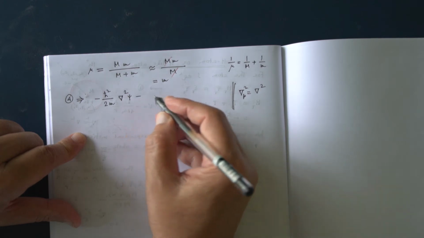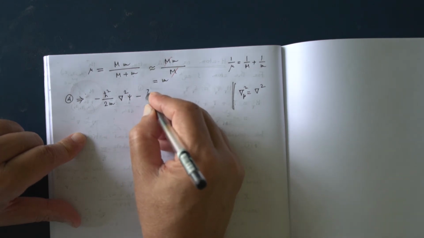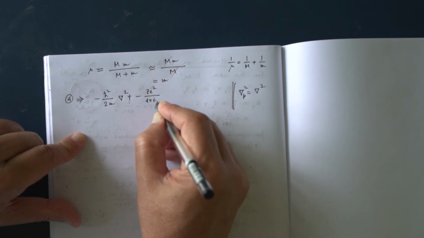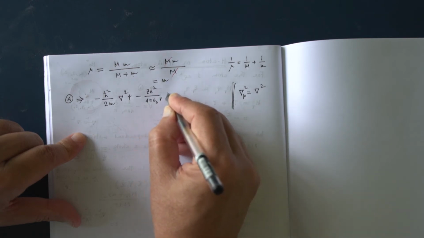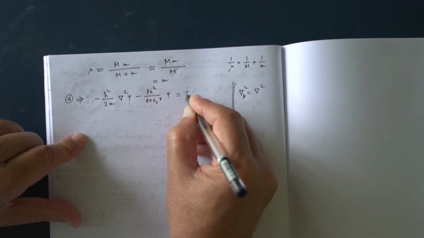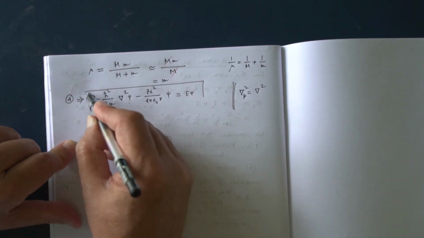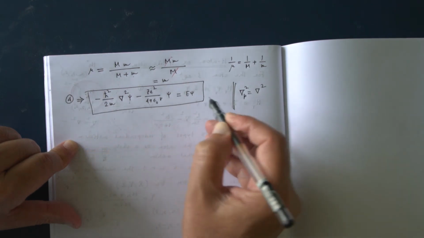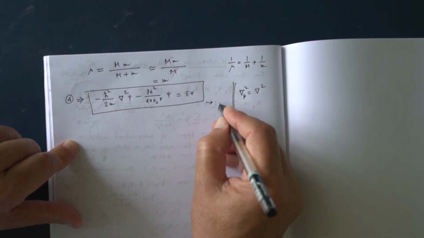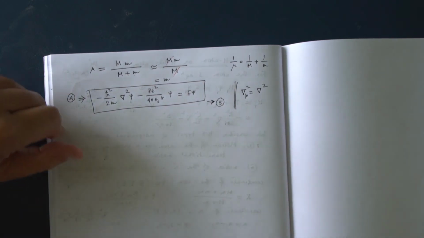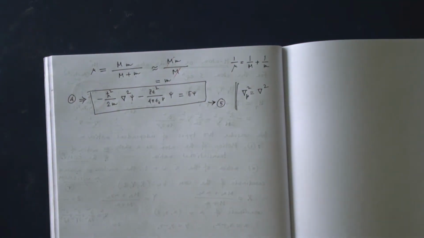Then minus Z e square by 4 pi epsilon naught r into psi, equal to E psi. So we are getting this equation. This is equation 5.